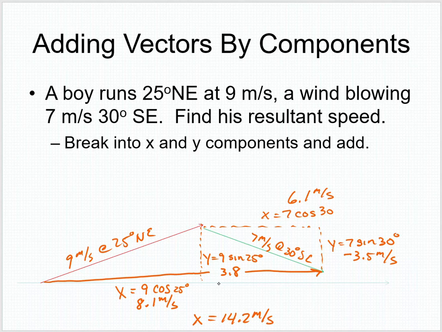The y component, well, I've got a positive 3.8 here and a negative 3.5 here, so his y component would be equal to 0.3 meters per second. So what that tells us is, even though the boy can only run 8.1 meters per second on his own in the x direction, because of the wind, that's where they come up with these wind-aided results, he's actually running at 14.2 meters per second.